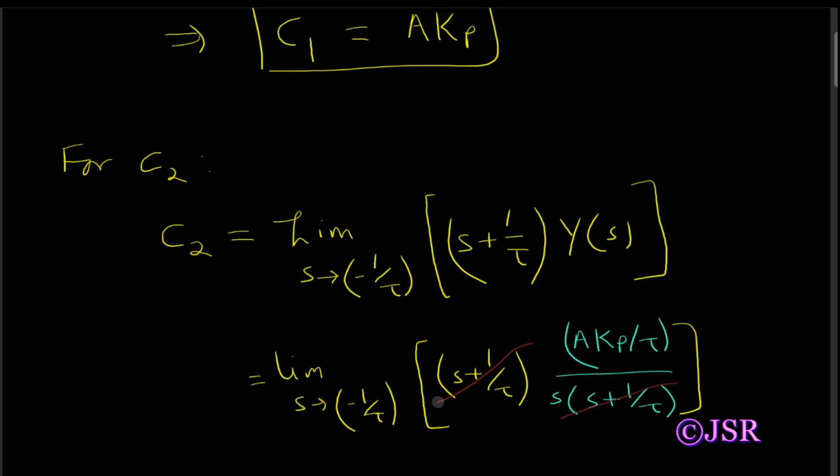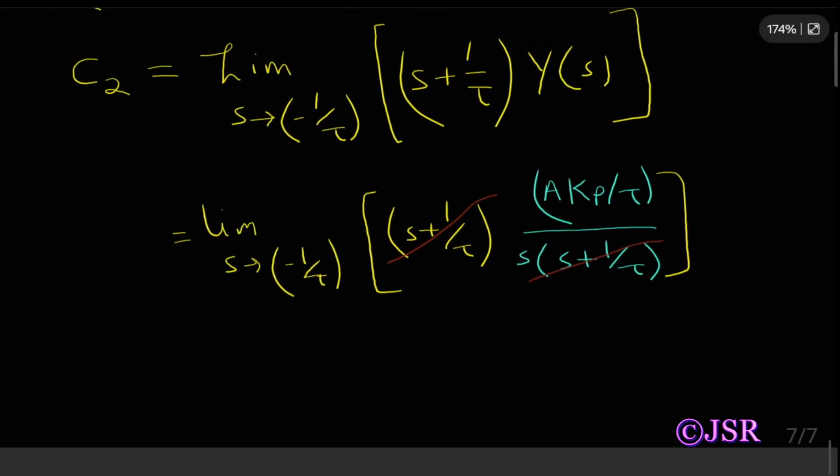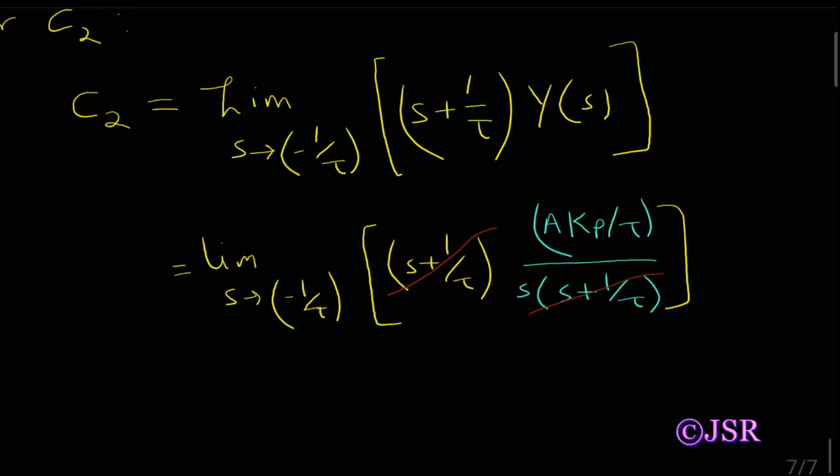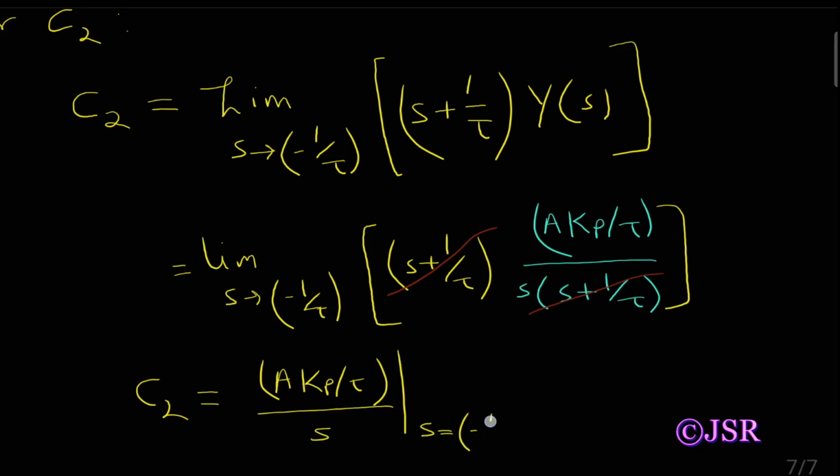So this s plus 1 by tau gets cancelled, and we will have c2 equal to a kp by tau upon s, where s equal to minus 1 upon tau.